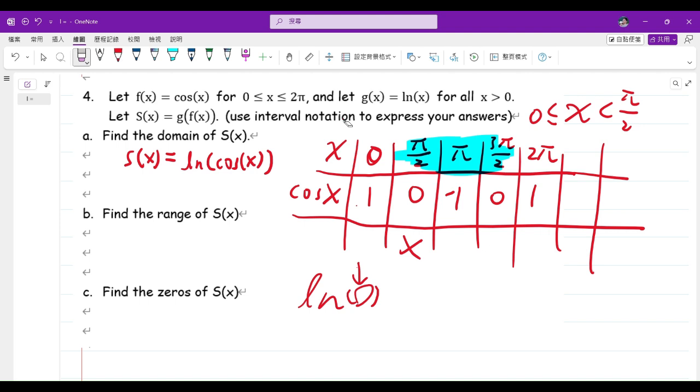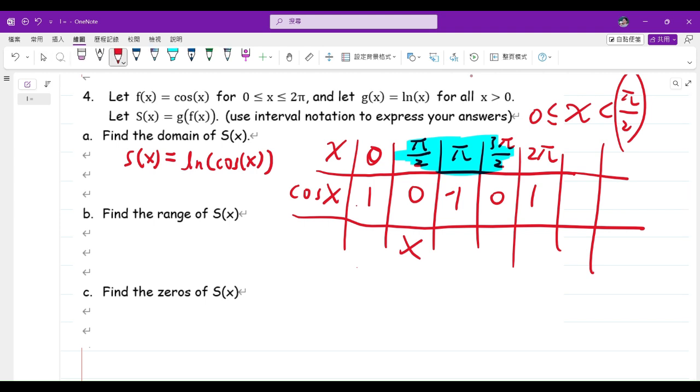However, when x becomes pi over 2, cosine x becomes 0, and you cannot put 0 here. That makes it undefined. And also any negative value. So all this part, you should take out from the domain.